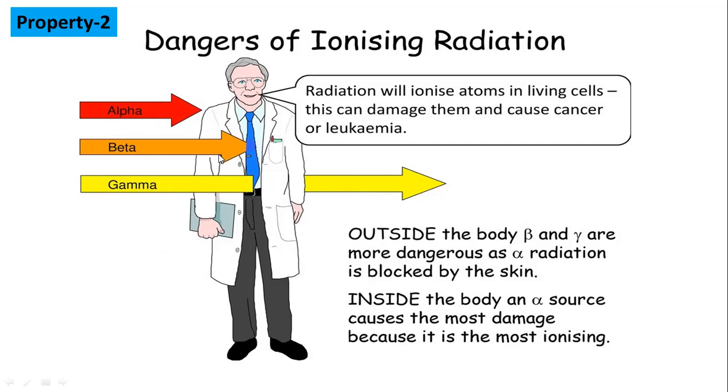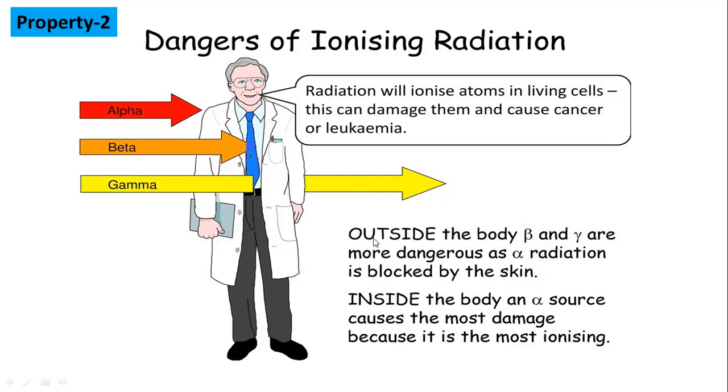This is because alpha has a mass and a +2 charge, since it is the helium nucleus, and the helium nucleus has the +2 charge. When it is penetrated into the body, it is going to cause more ionization in the material. That's why alpha is more dangerous as compared to the beta and the gamma radiation.